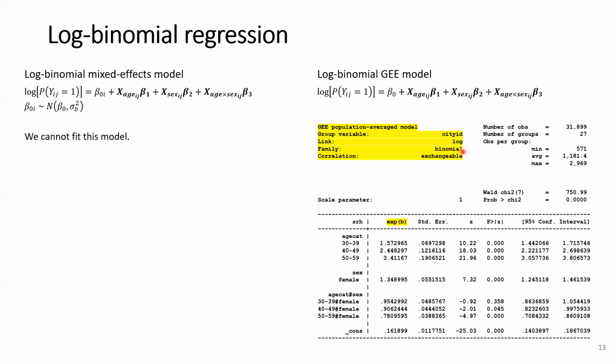And family binomial, meaning we assume that the outcome is binary 0 or 1, and we use an exchangeable correlation structure. Here we see exponentiated B, but this one is now relative risk, not odds ratio. In this case, we didn't have any problem in convergence, but sometimes we do.